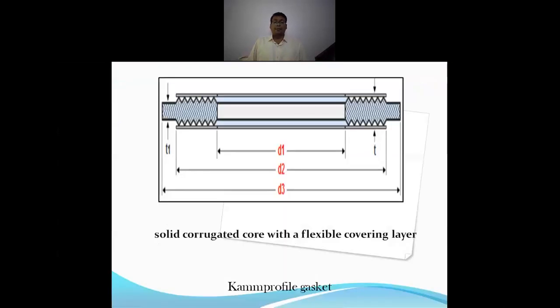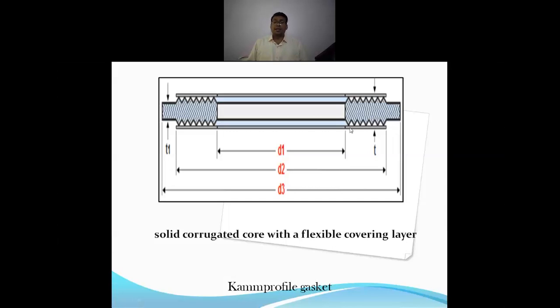Then there are camprofile gaskets. The corrugations are provided at the end, and these corrugations are then compressed by the applied force. The solid corrugated core with a flexible covering layer.